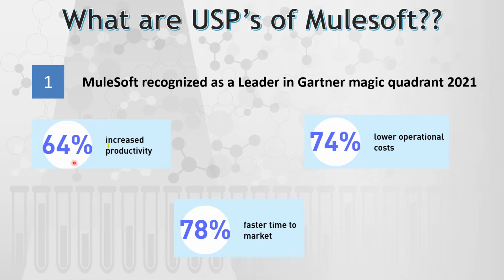These three parameters or percentage figures are in comparison with the existing tools. So you can see MuleSoft has a great advantage compared to the other tools in the market for integration platforms, and that is the reason MuleSoft is recognized as a leader for integration applications.